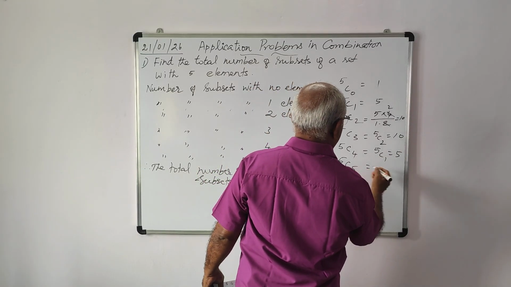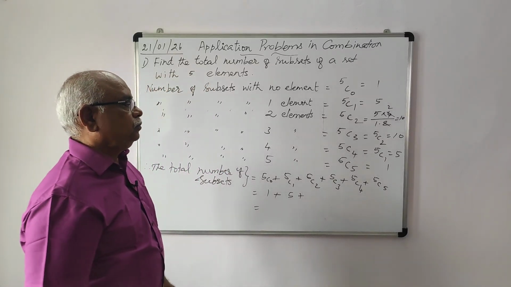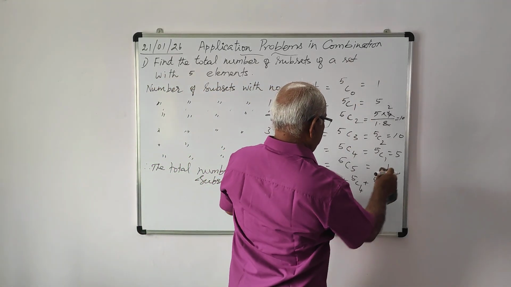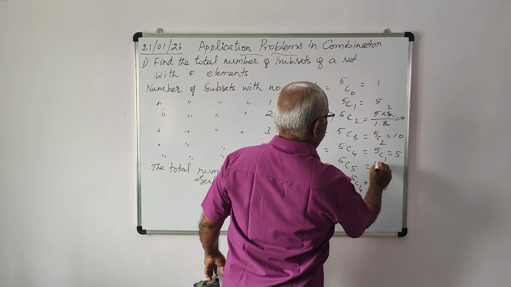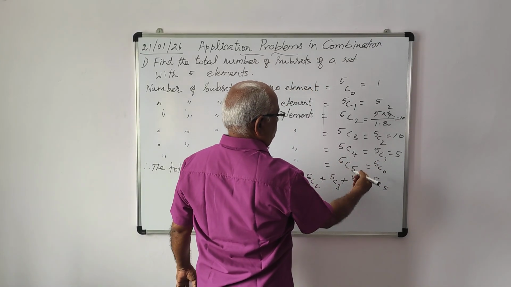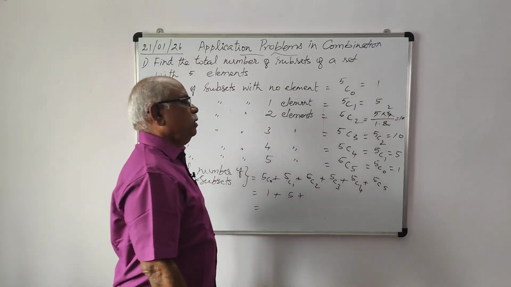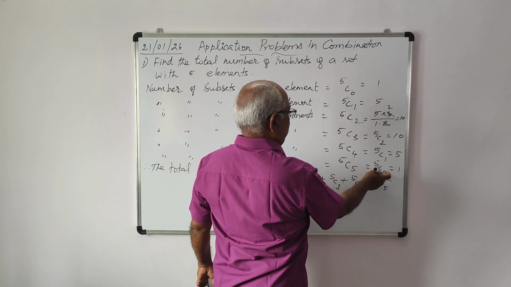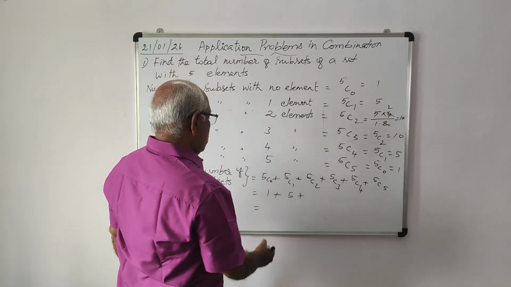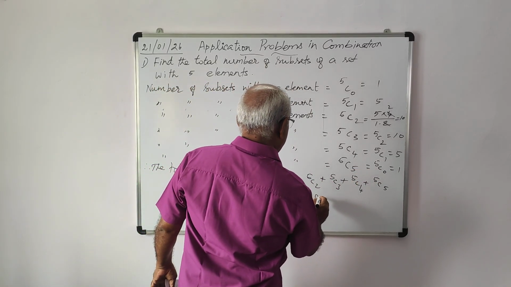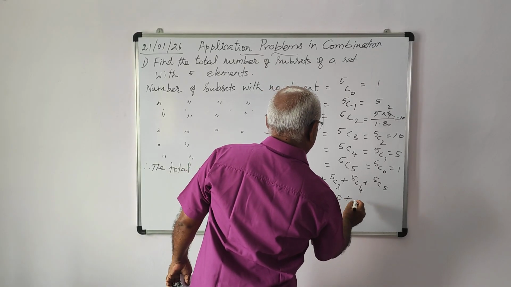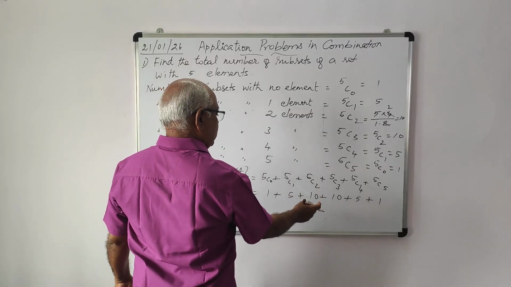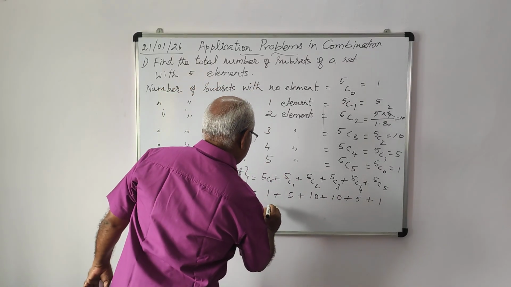And 5C5 is 5C(5 minus 5), that is 5C0, which is 1, since nCr equals nC(n minus r). Adding these, 1, 5, 10, 10, 5 and 1, you get 32.